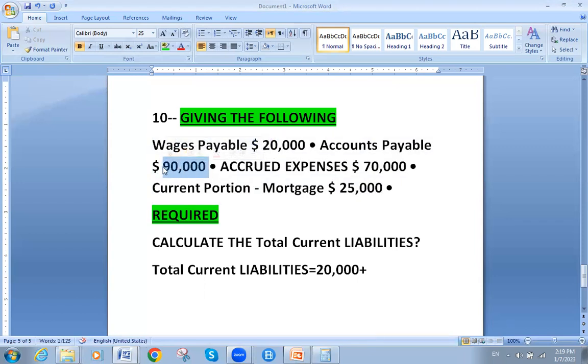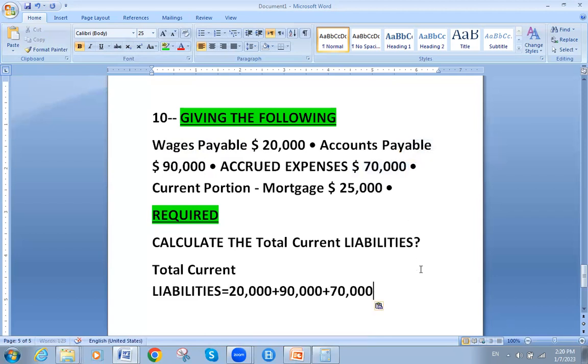Control and C, and here Control and V, plus accrued expenses 70,000. Control and C, and here Control and V, plus the mortgage is 25,000. Control and C, and here Control and V.